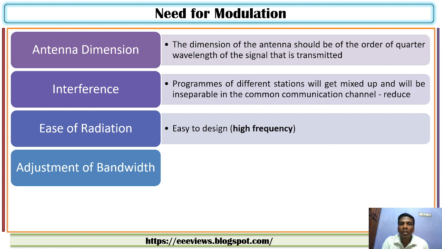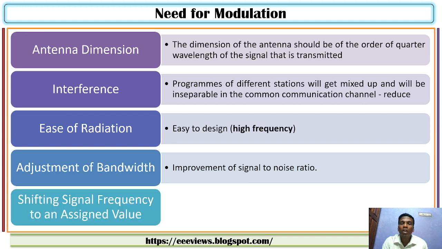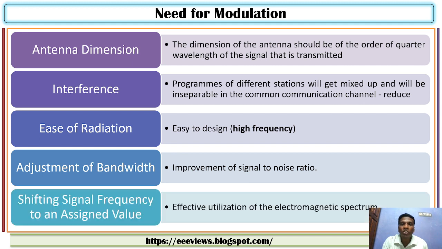The plus point is that while adjusting the bandwidth I can improve the signal to noise ratio. That is the main thing. The last one is effective utilization of the electromagnetic spectrum. These are the things I can achieve when I am doing modulation.